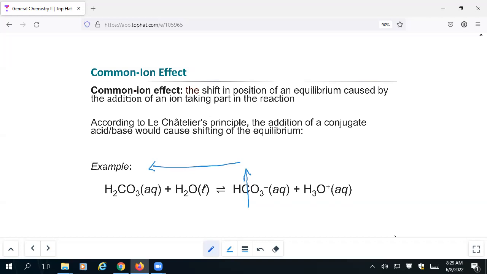If I shift the whole equilibrium to the left, I'll notice an increase in the concentration of the carbonic acid, which will probably come off in the form of carbon dioxide in that case. And I'll see a decrease in the concentration of that hydronium ion. A decrease in the concentration of that hydronium ion should indicate a pH that is going upward, more positive, because there's fewer ions of hydronium present.